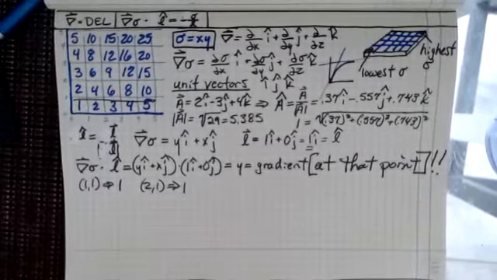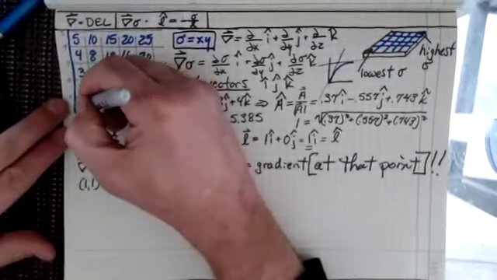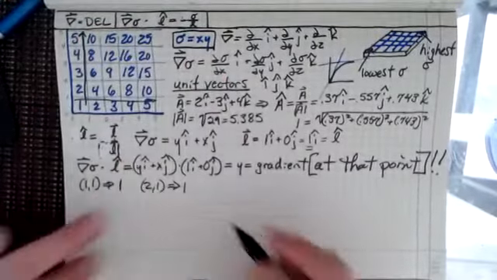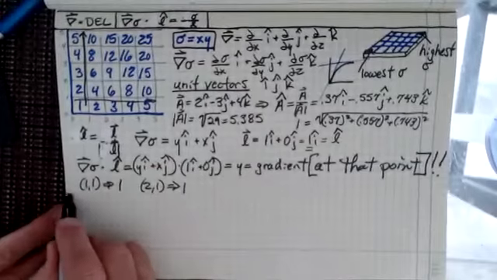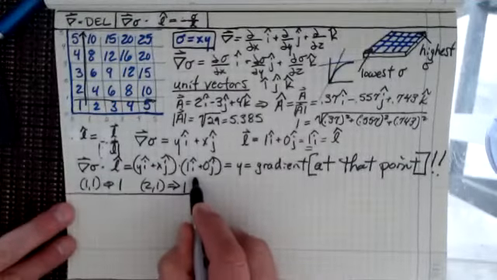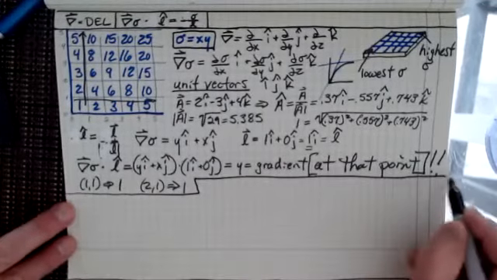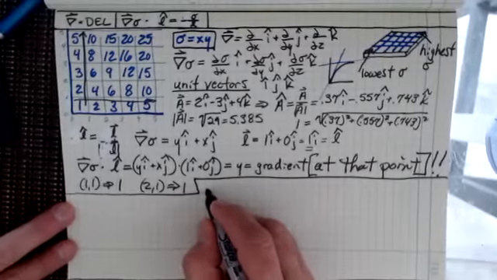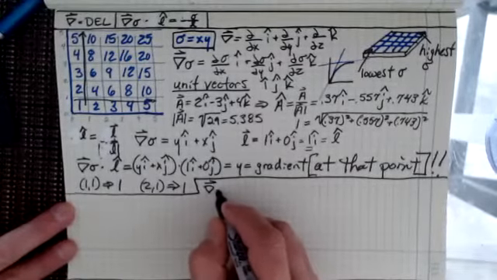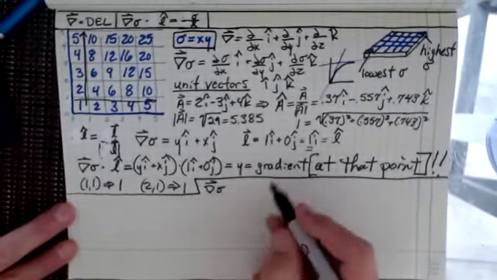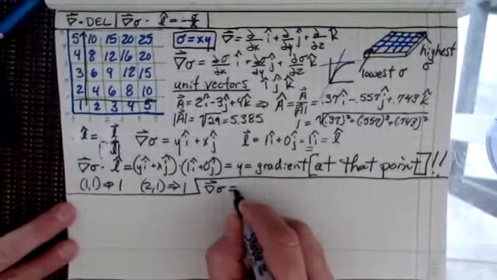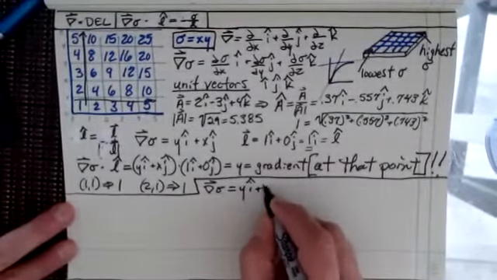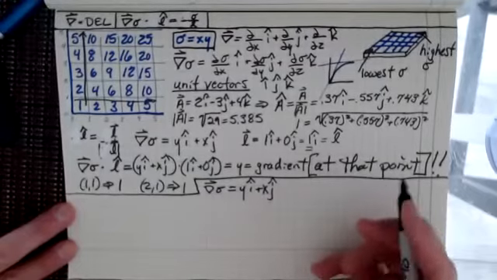Now let's put another directional vector in there. Let's put this directional vector in there, shall we? So now I'm going to cut this off for a second, right? Because that was the first one. That's at that point. Now let's do the second one. So now I've got del times the conductivity at that point, and we know that that equals y I hat plus x j hat.